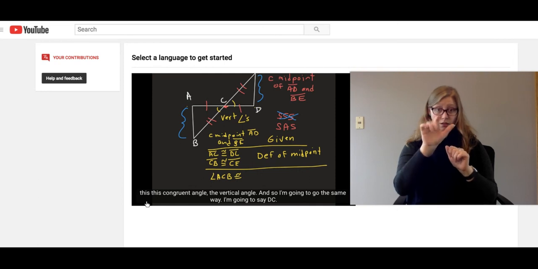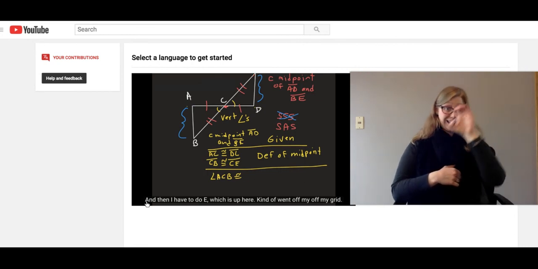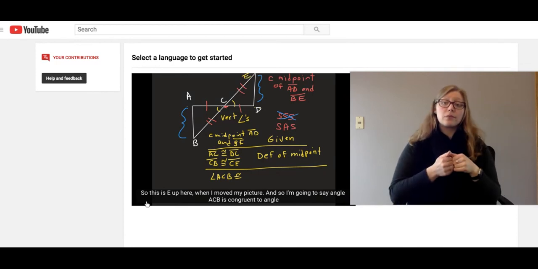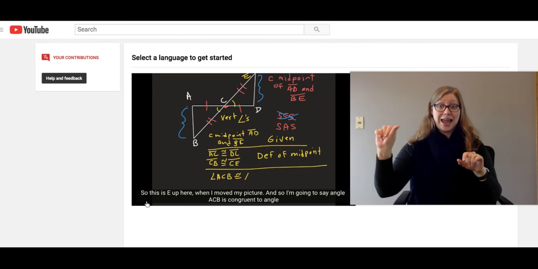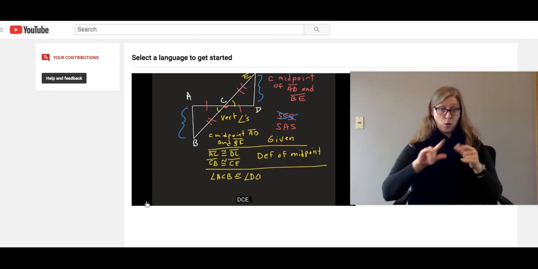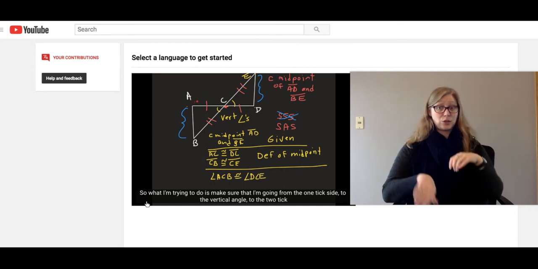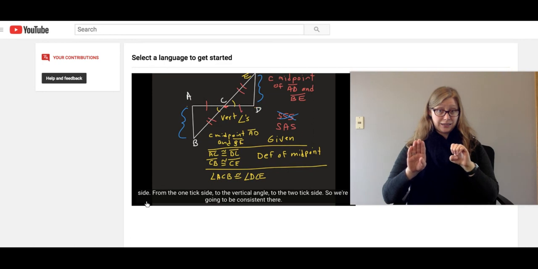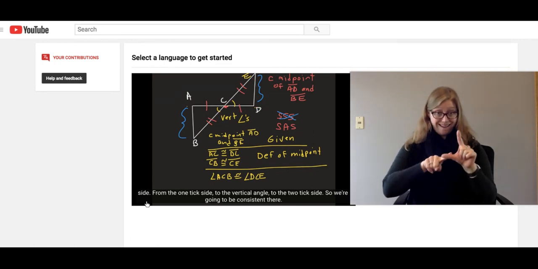So I'm going to go the same way. I'm going to say DC, and then I have to do E, which is up here. Kind of went off my grid, so this is E up here when I move my picture. And so I'm going to say angle ACB is congruent to angle DCE. What I'm trying to do is make sure that I'm going from the one tick side to the vertical angle to the two tick side, consistently.